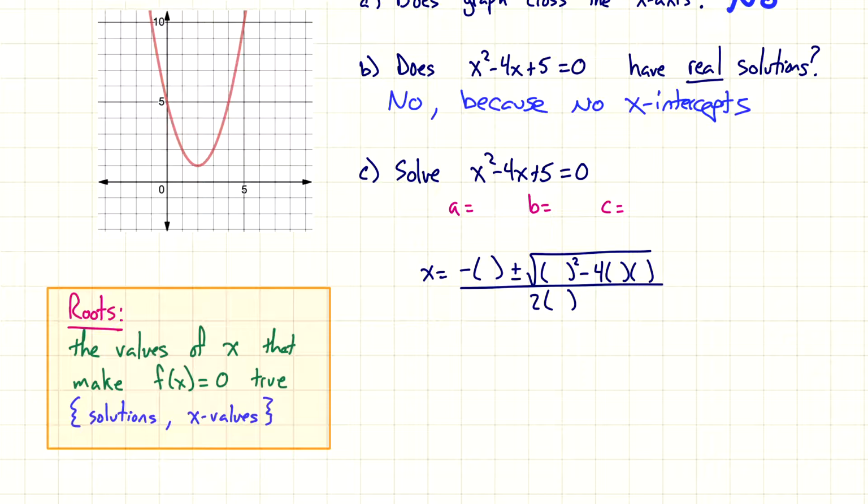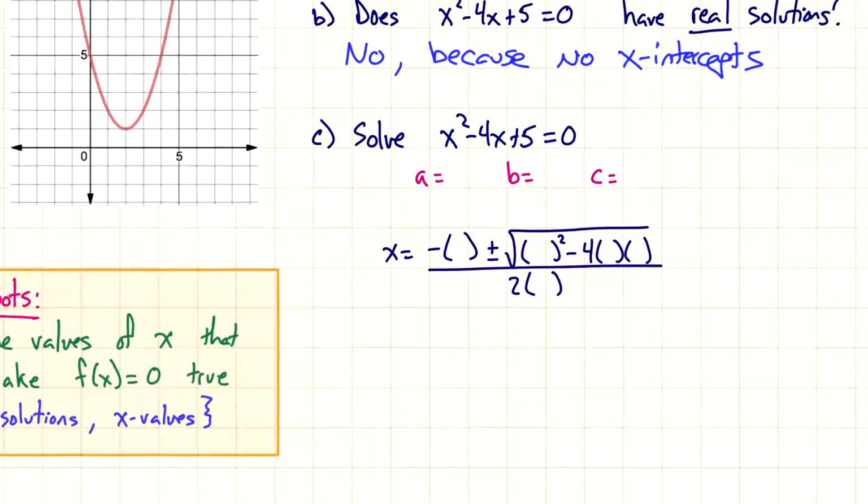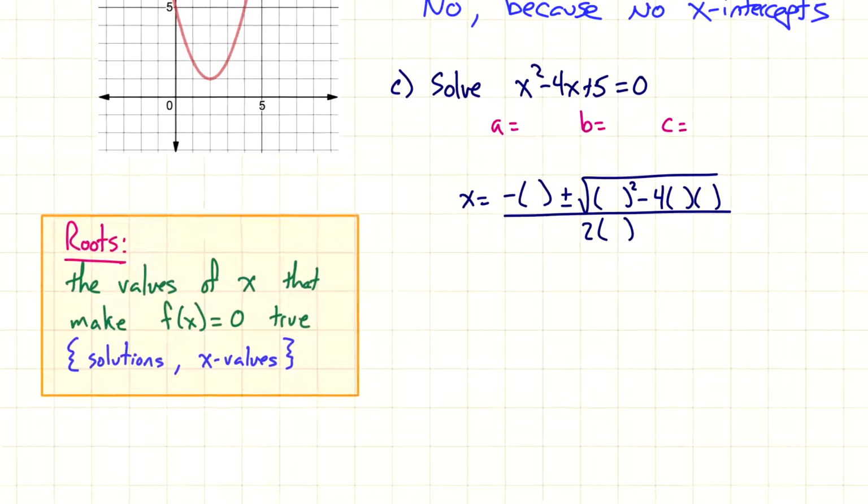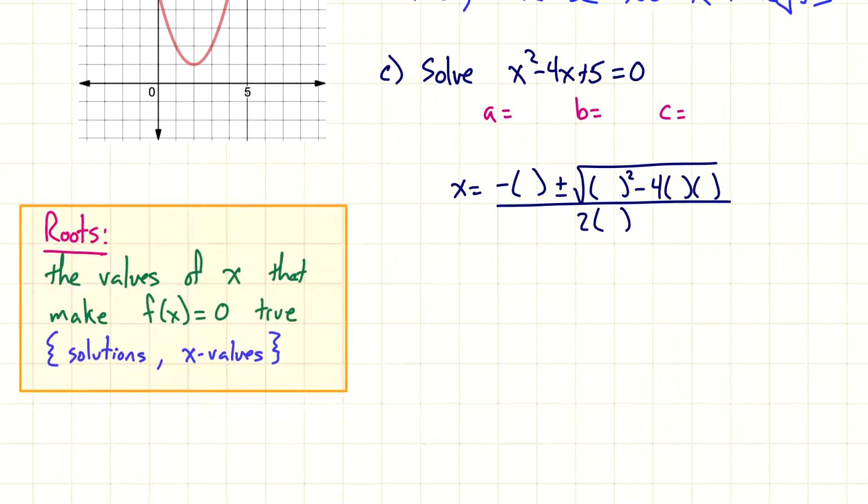All right, so I'm going to plug these in. We need to know our ABCs. What is A equal to, what is B equal to, and what is C equal to? Do you know what these values are? In this case, our A value is the first coefficient, the number in front of x squared.